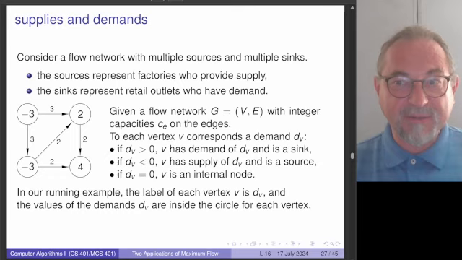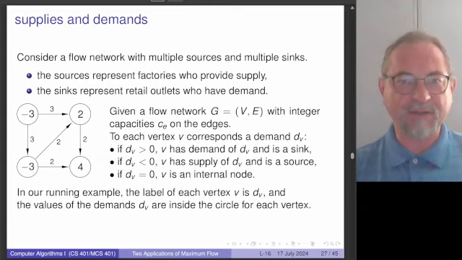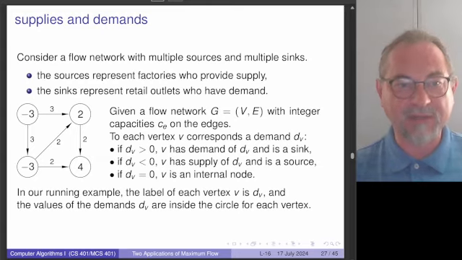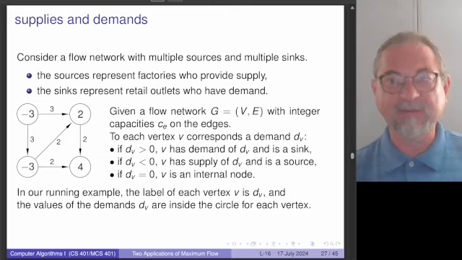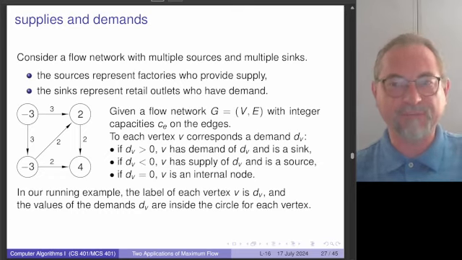So we have a very simple running example with 4 vertices. It's so simple that we label the vertices with their demands. We have 2 vertices that provide supply, that serve as sources. One of these sources has an incoming edge.